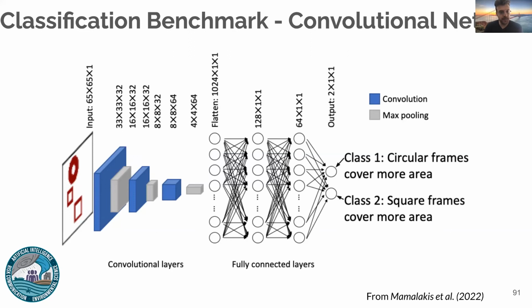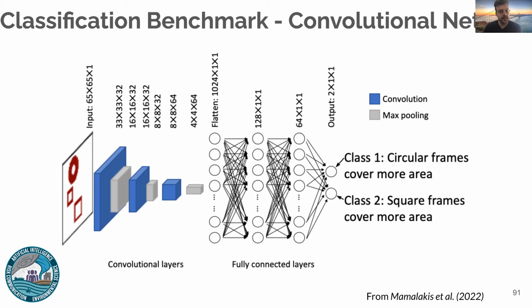So what is it? What we have here is that we have generated, again, a synthetic input of thousands and thousands, I think 500,000 in this case, images that contain circular frames, as you can see on the left here, circular frames and square frames. And the task is really simple.